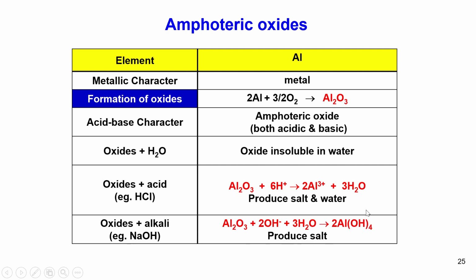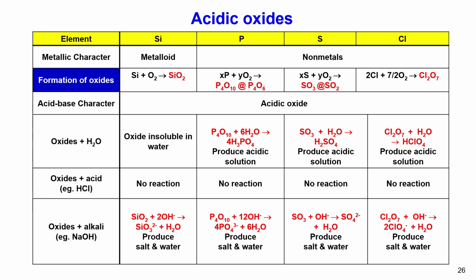So the last one kita tengok dari segi silicon, phosphorus, sulfur dan juga chlorine. Formation of oxide dia produce SiO2. Oxide dia adalah P4O6. Oxide for sulfur is SO2, and oxide for chlorine is Cl2O7. Karakter dia merupakan acidic oxide, bersifat acid.